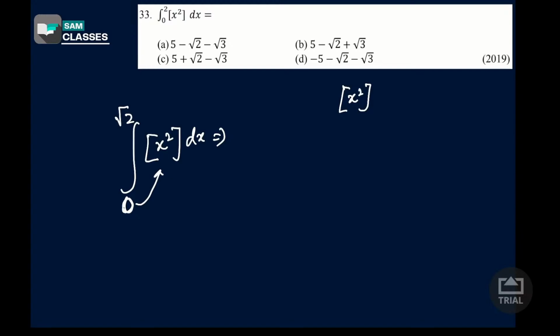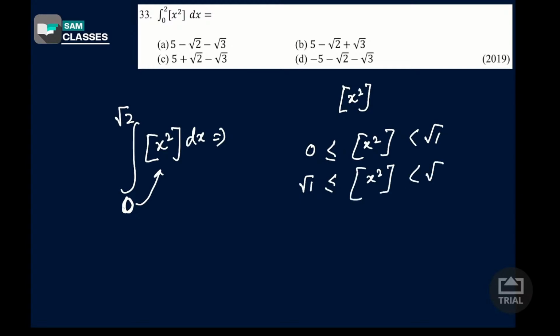Now x square, where I can get, if I put 0, I'll get 0. So from 0 till less than root 1, I'll get the integer 0. If I put root 1 in this box x square, I'll get 1, till it will go to root 2, because the moment I put root 2, square it will be 2. Again another integer, so I can go just this much.